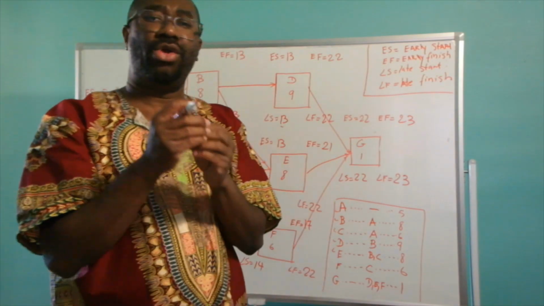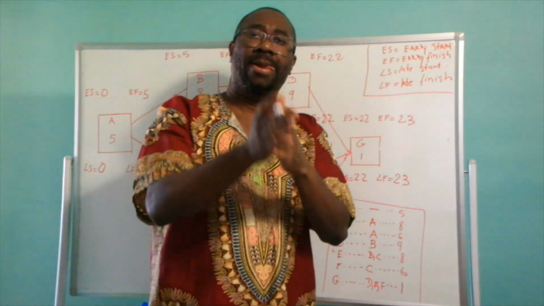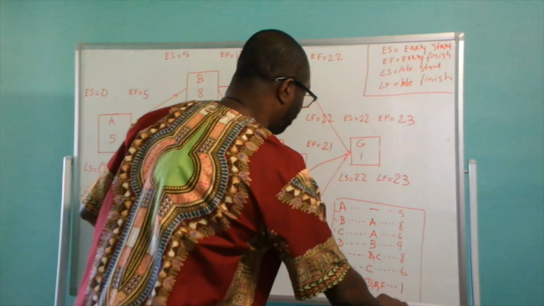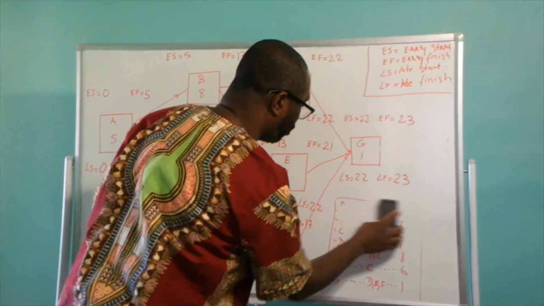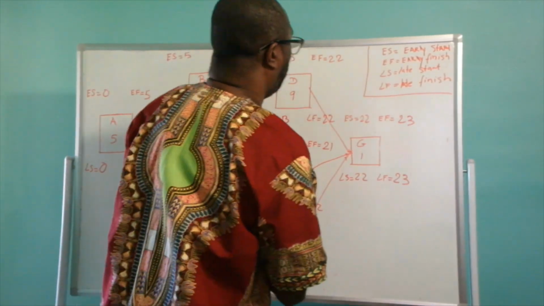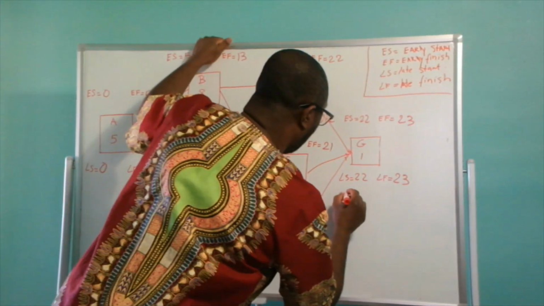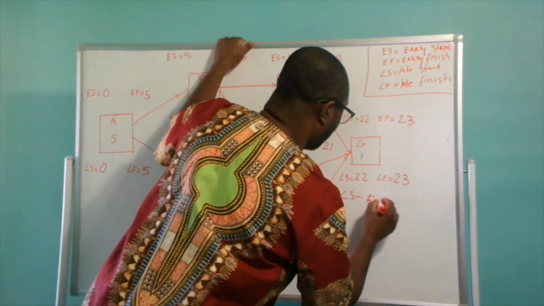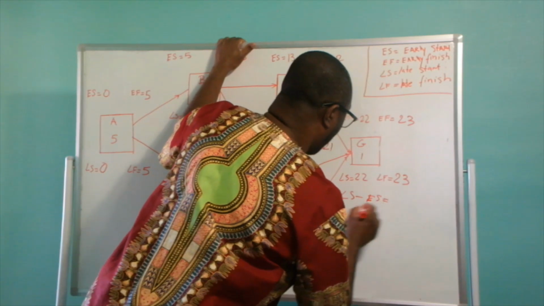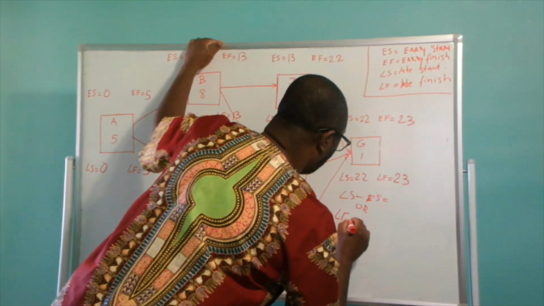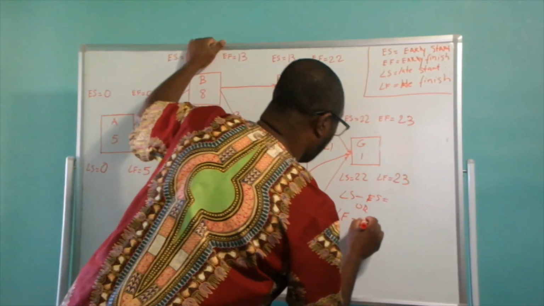So how do you calculate the float? The float is really the late start minus the early start, or the late finish minus the early finish, right?